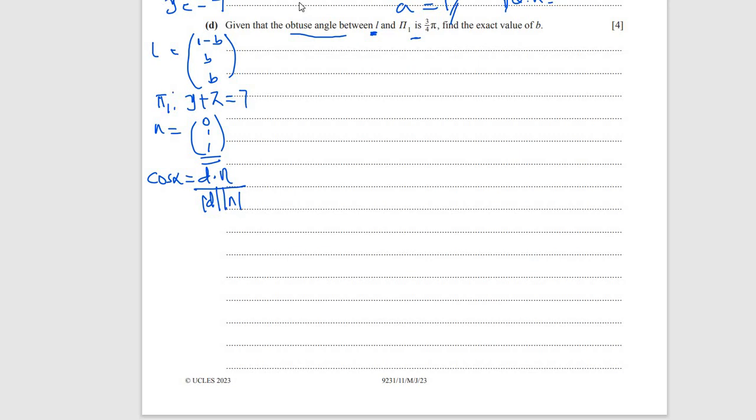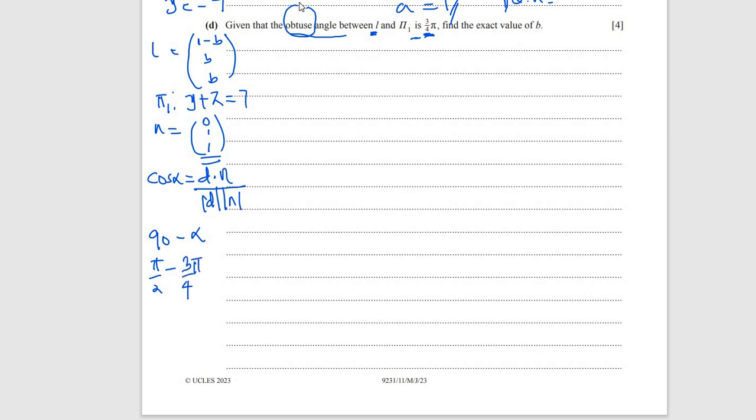Now since it's an obtuse angle, the final angle is always 90 minus alpha. In this case, they're giving us the final angle, which is 3 over 4 pi. You have to subtract it. 90 is pi over 2, and the final angle alpha is 3 over 4 pi.